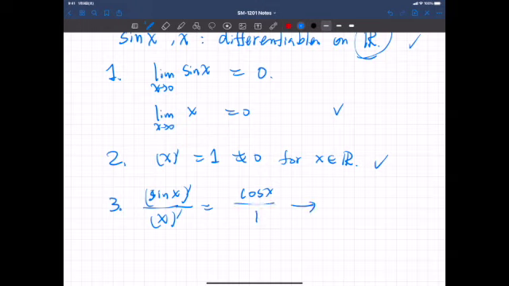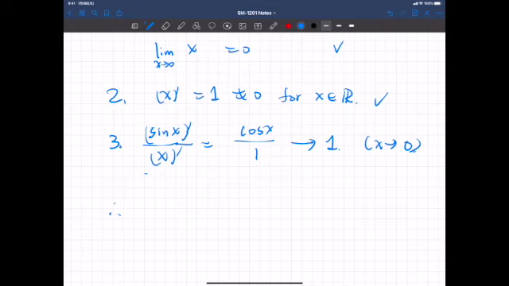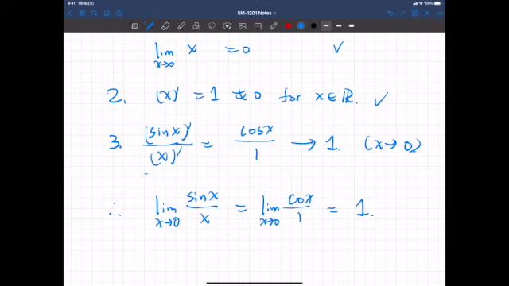So this converges to 1 as x approaches 0, right? Cosine 0 is 1. So this limit does exist. Therefore, the limit of sine x over x does exist, and that is equal to cosine x over 1, which is 1. So now we have proved this formula.